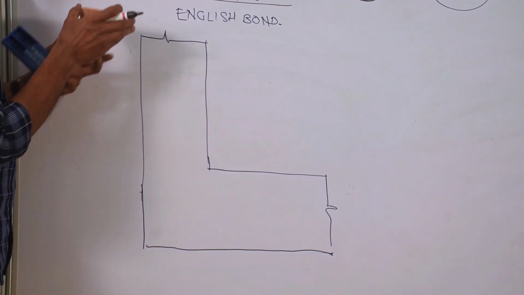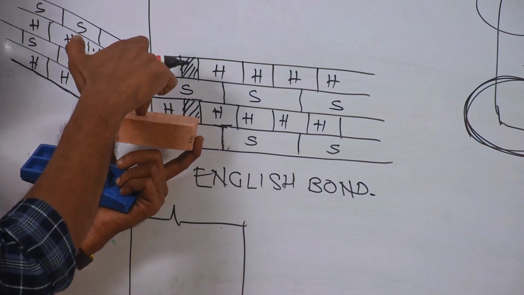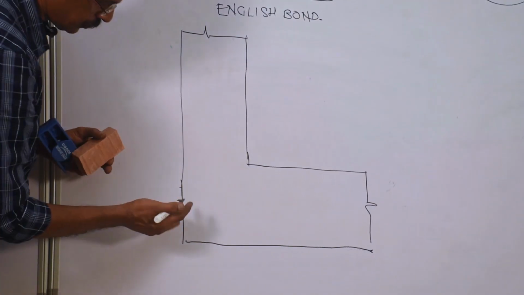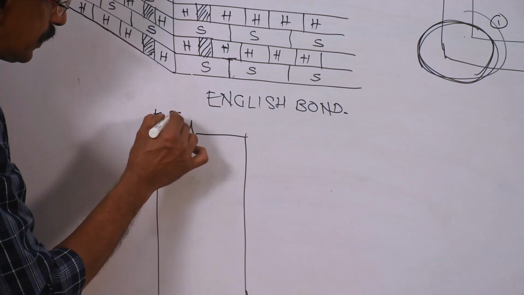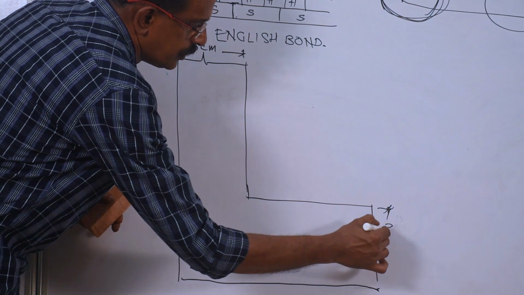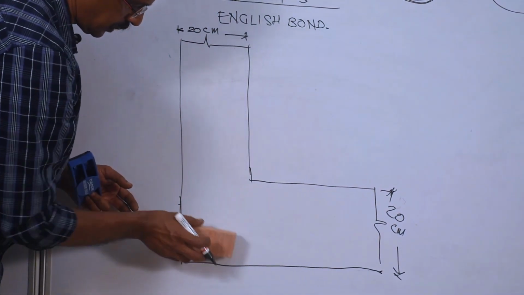First layer elevation, you can see stretcher. So what we want is the top view of that brick, that will be like this. This is the first brick. This is 20 centimeter, one brick thick, 20 centimeter. Here also 20 centimeters. So first brick like this.